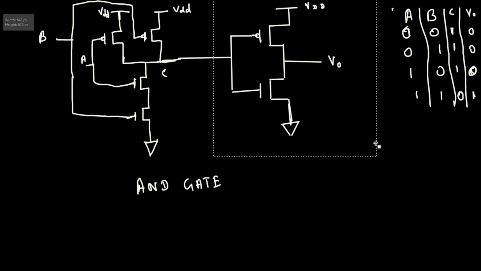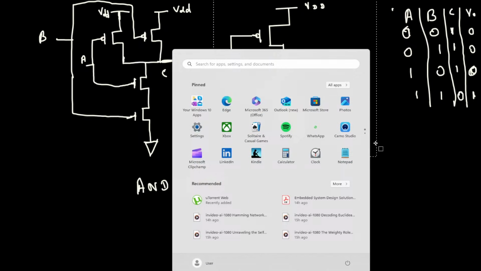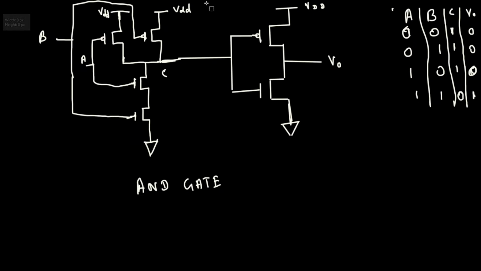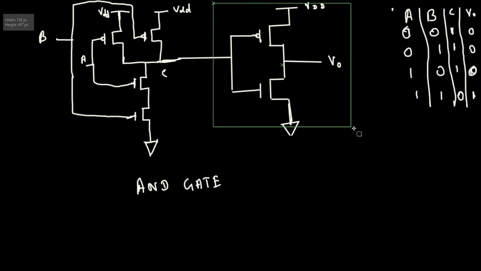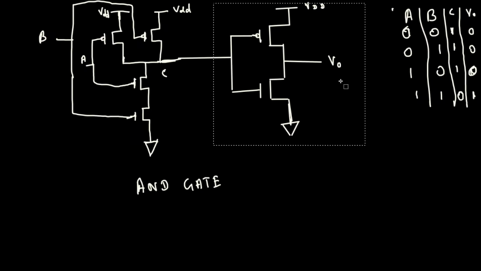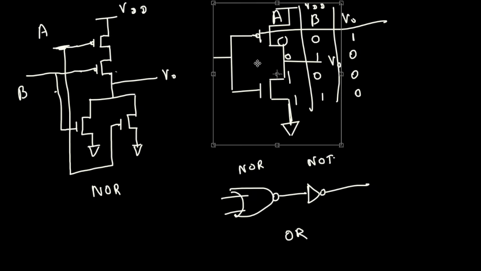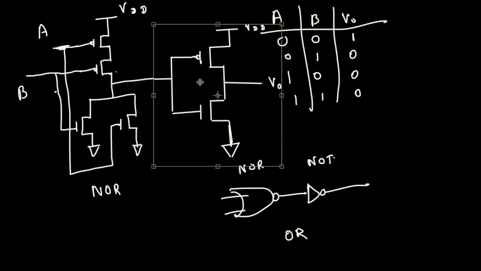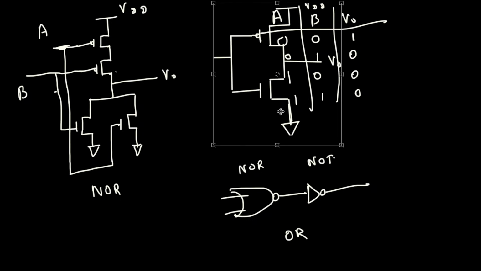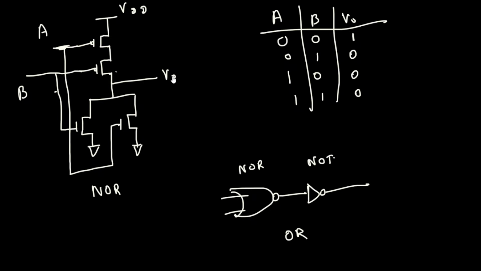Copy this one, paste it over here and attach it with this one, and now this is the OR gate. Okay, so that's all you have to do. You put a NOT gate at the end of this, and that's going to give you the OR gate behavior. And that's it for this video.